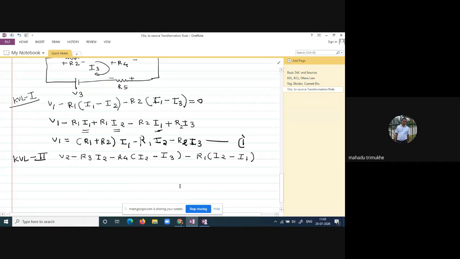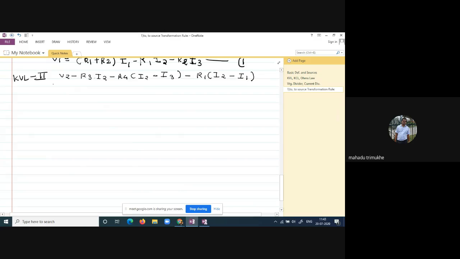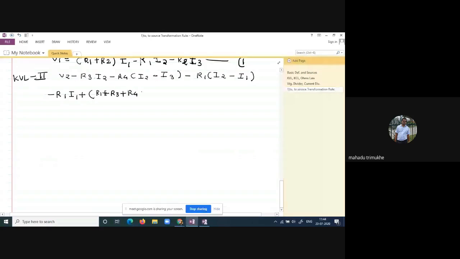Okay, so you have to simplify this equation. So you'll get minus R1 I1 plus R1 plus R3 plus R4 I2 minus R4 I3 is equal to, that is equation number 2.